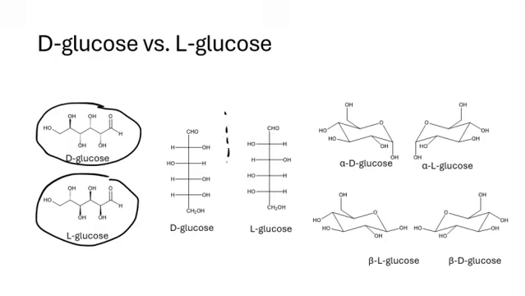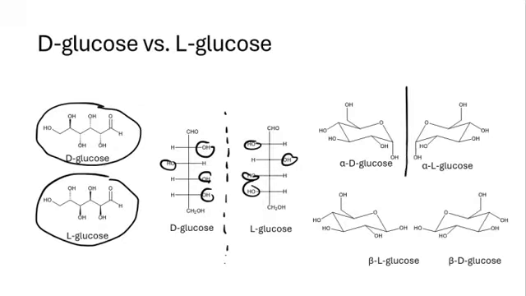Or for a Fisher projection, you want to draw the mirror from the side here. Notice I flipped all of the OH groups, right, left, right, right, left, right, left, left. Or when I draw the chair conformations, you'll notice that what I did here was I took the mirror from the right side, so I kind of flipped the structure over.